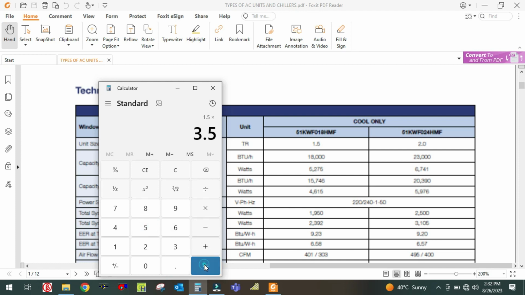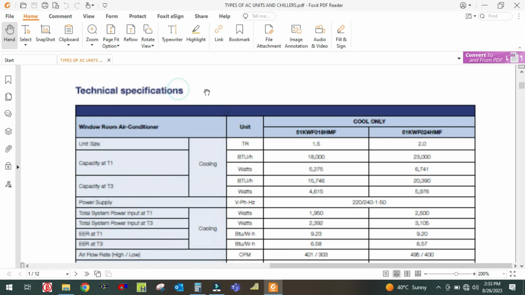So in kilowatt, 5.25, here you can see 5.25. Here it is 5.275. And in the same way, if you convert this 2 ton into kilowatt, you will get it here.